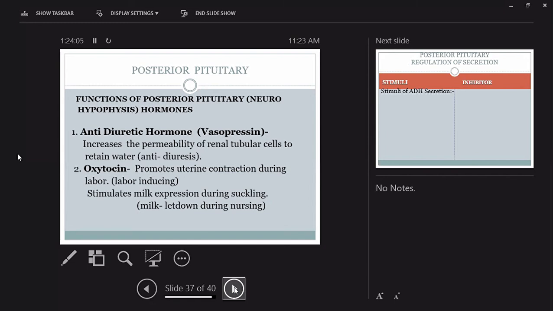So oxytocin level is high to promote uterine contraction. And this helps in the milk expression during nursing of the baby. Responsible for the milk letdown during nursing. Your prolactin is responsible for the production of the milk, but for the milk to go down through the mammary gland, it needs oxytocin. Milk letdown during nursing.